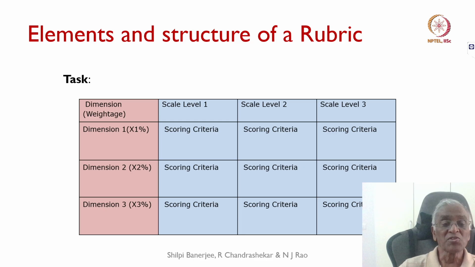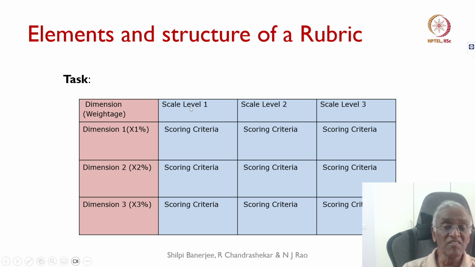Then your rubric will consist of dimensions and weightage, which we are showing as part of this table. Dimension and weightage. You may have several dimensions. The number of dimensions is the choice of the instructor, and the percentage weightage is also the choice of the instructor.